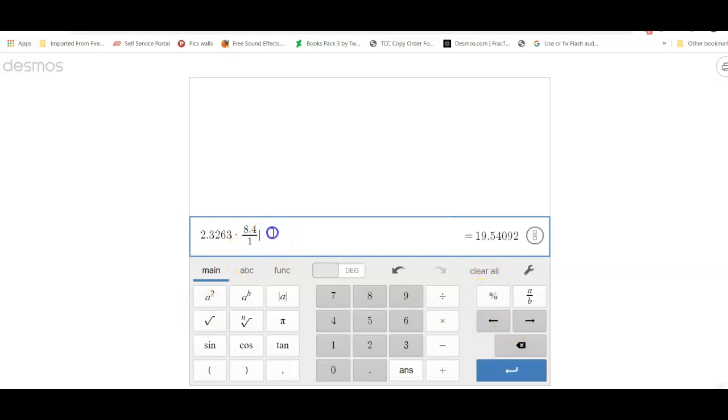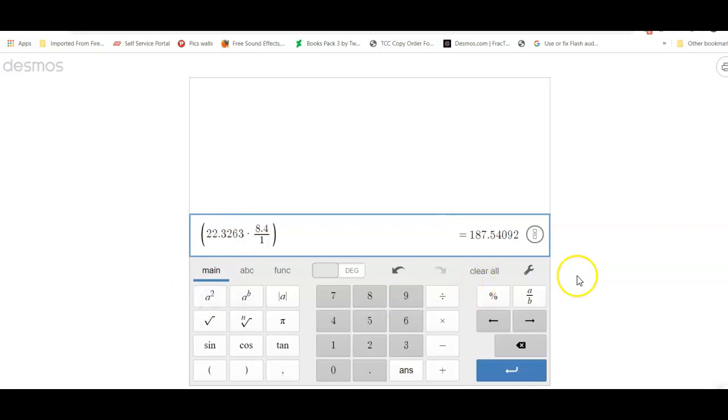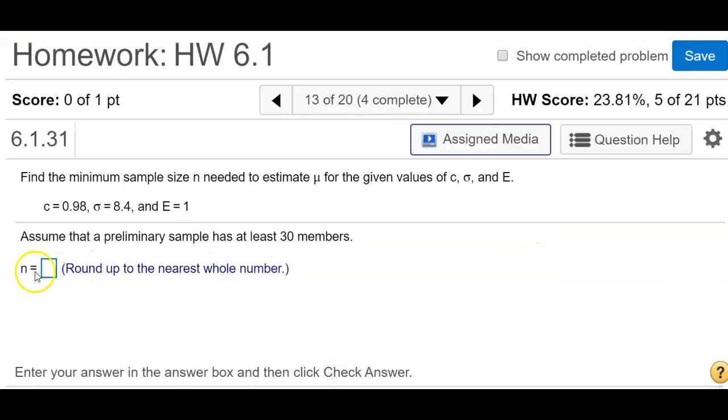And once I have it, what do I do? I square everything, correct? So I'm going to simply square it. So it's 187.5. Let me copy this one and plug it in here.